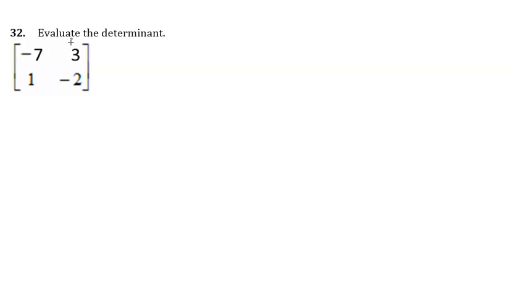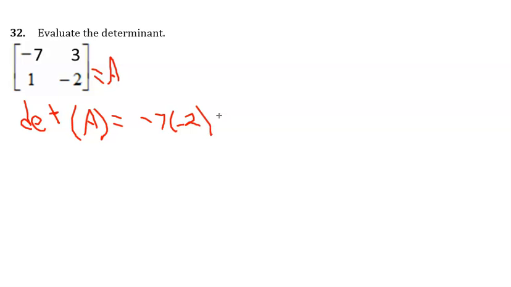Number 32, evaluate the determinant. So for this one, all we have to do is find the determinant of this matrix, and we'll say that this matrix is called A. So the determinant of matrix A is going to equal -7 times -2 minus 3 times 1.